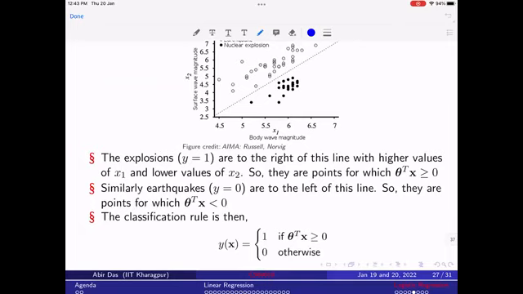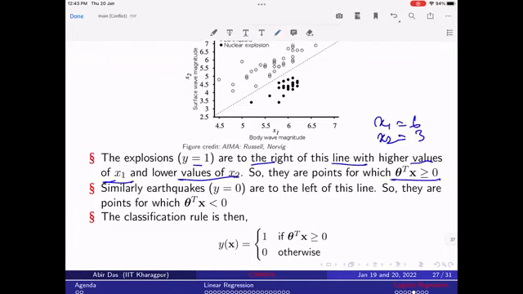The explosions, that is y is equal to 1, are to the right of this line with higher values of x1 and lower values of x2. So x1 I have taken like 6 and x2 I take 2, 3, right? So they are points for which theta transpose x is greater than or equal to 0. Just for the sake of completeness, this equal to is given here, and for the other case it is just less than, because somebody can ask, what happens if it is equal to 0?